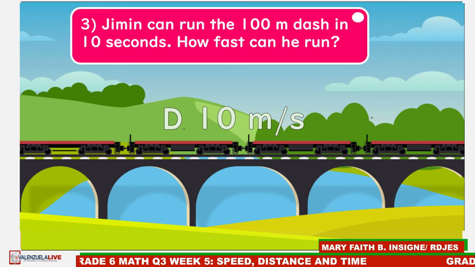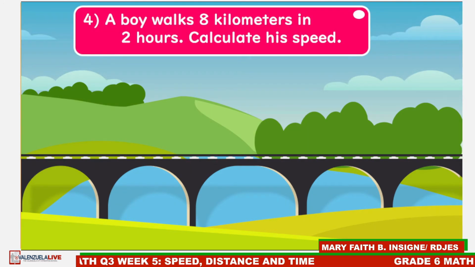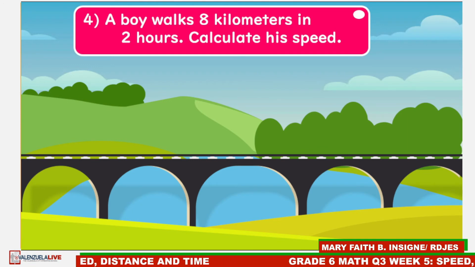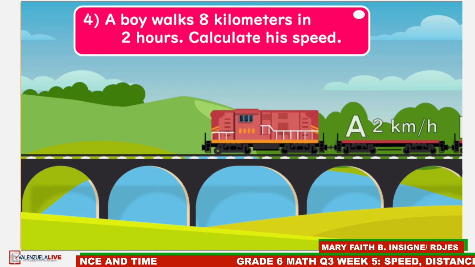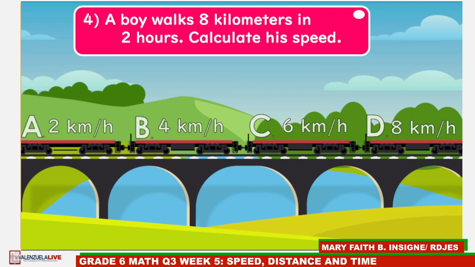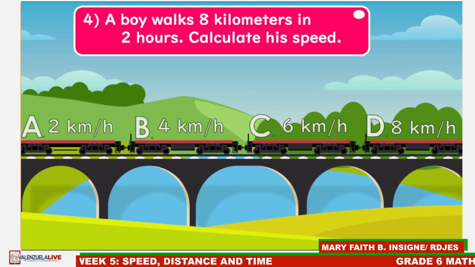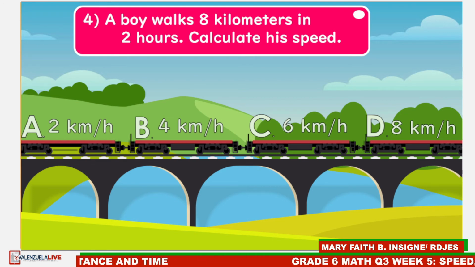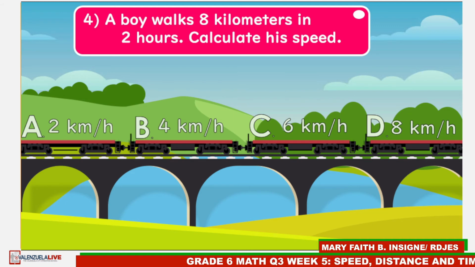Next, for the fourth problem. A boy walks 8 kilometers in 2 hours. Calculate his speed. The choices are letter A, 2 kilometers per hour. Letter B, 4 kilometers per hour. Letter C, 6 kilometers per hour, and letter D, 8 kilometers per hour. Your 30 seconds timer starts now.